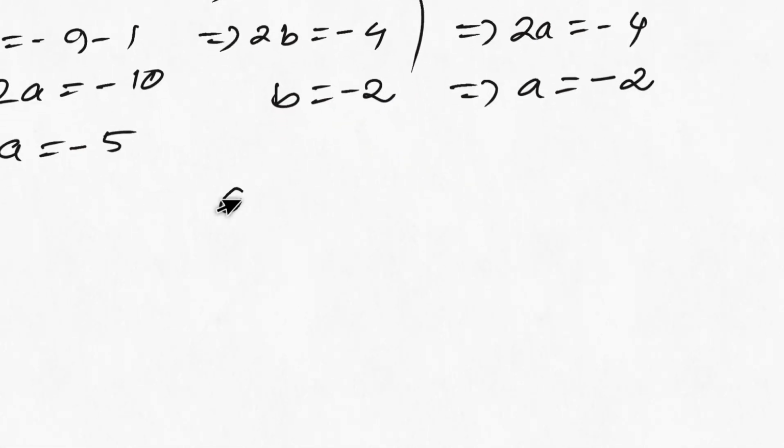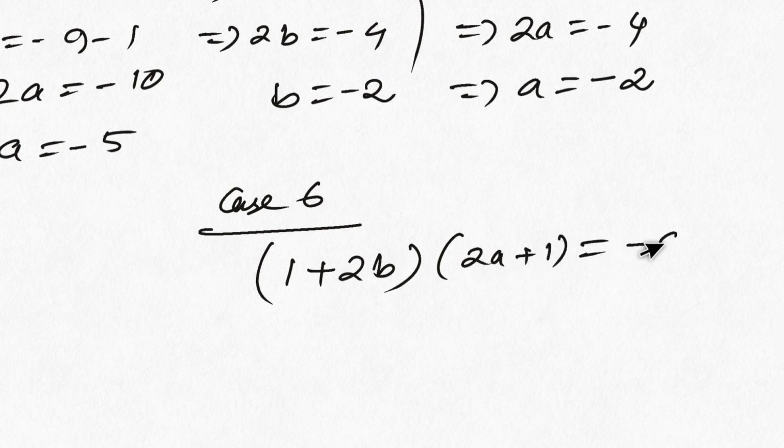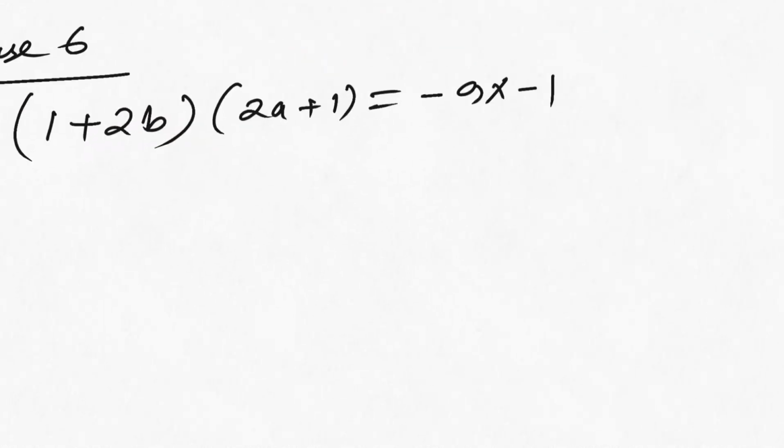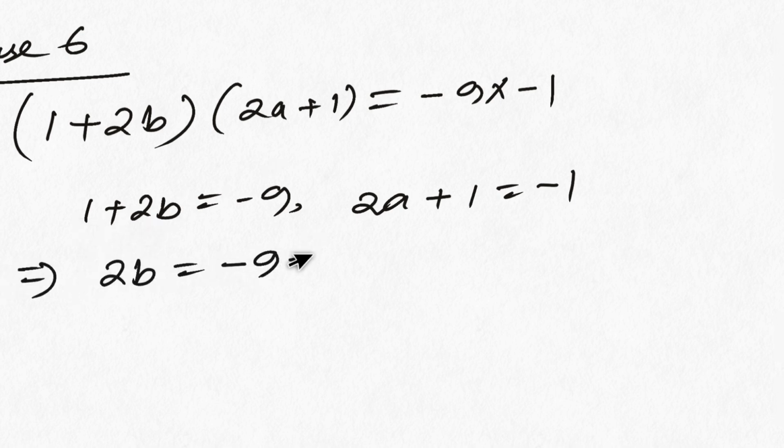Finally, we have case 6. The quantity 1 plus 2b times the quantity 2a plus 1 equals -9 times -1. We set 1 plus 2b equals -9 and 2a plus 1 equals -1. We subtract 1 to get 2b equals -9 minus 1.